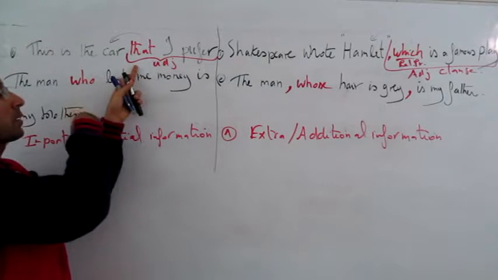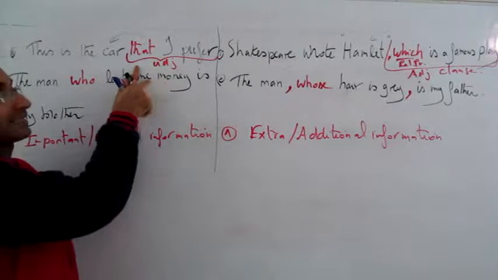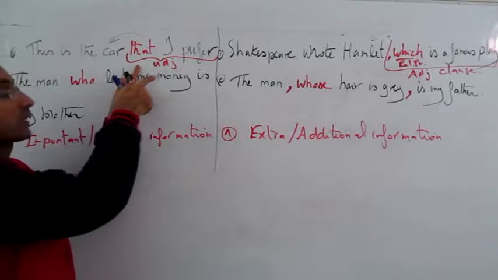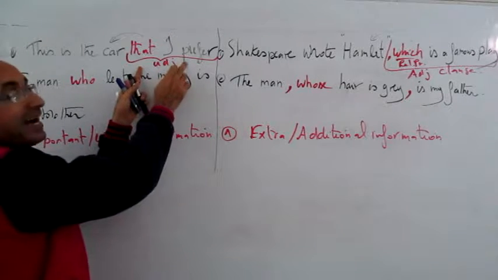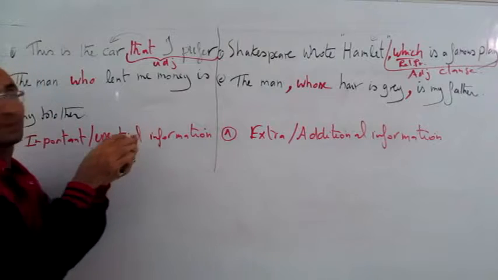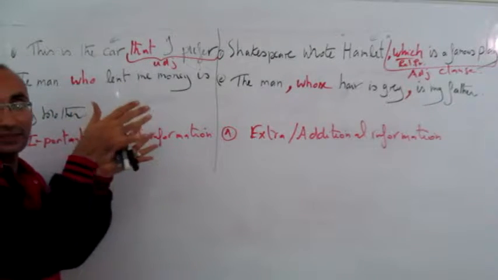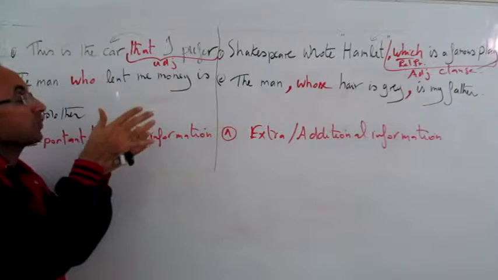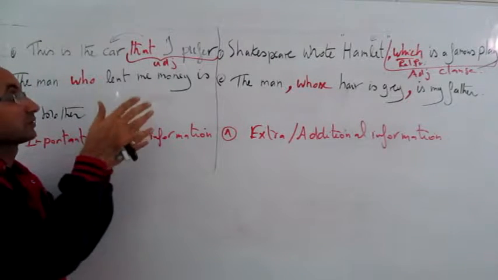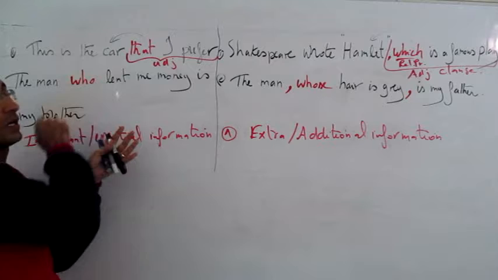Not any car, but the car that I prefer and like. Clear? So by this adjective clause, the speaker limits the scope or the range of the options of this noun.